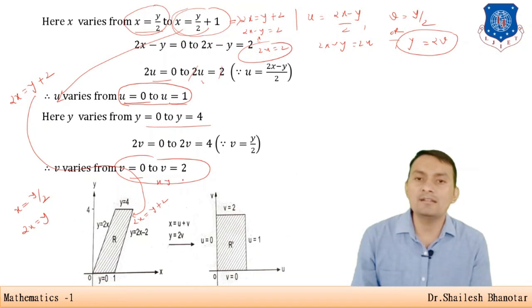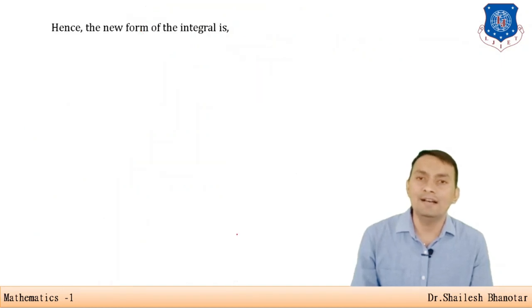And now we are trying to convert into the uv plane, but already we have determined these limits: u is equal to 0 and u is equal to 1, v is equal to 0 and v is equal to 2. So our bounded region is this one, and now you can integrate with respect to u and v very easily.